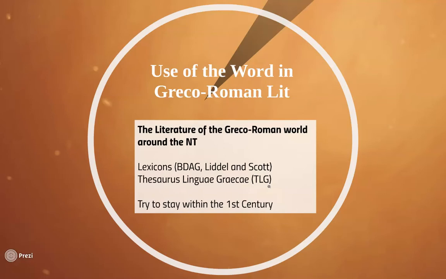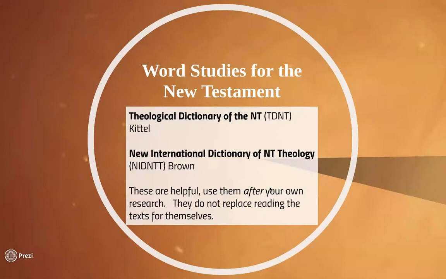Now, there's also a way to do this if you don't have all the time or the intent to do a broad word search on your own. You can go to some word studies that have been done for New Testament studies, like the Theological Dictionary of the New Testament, or TDNT. It's a big 11-volume set of thick blue books. You can get them fairly cheap.